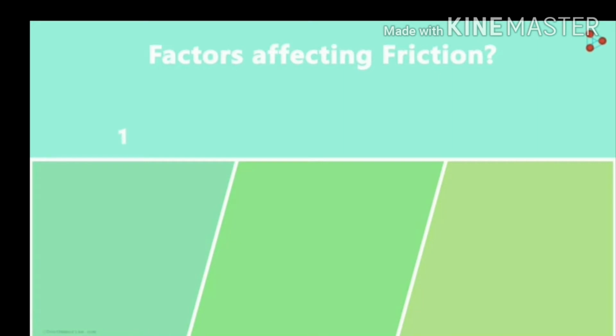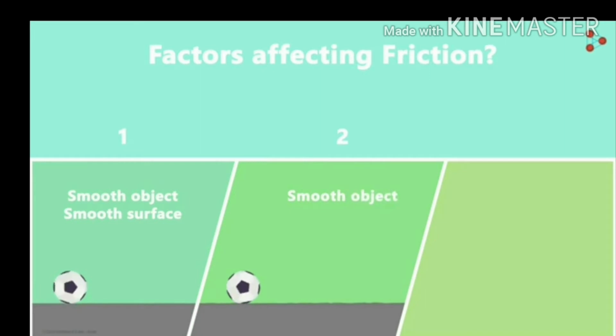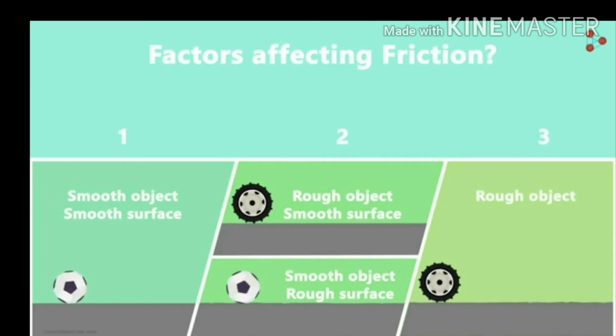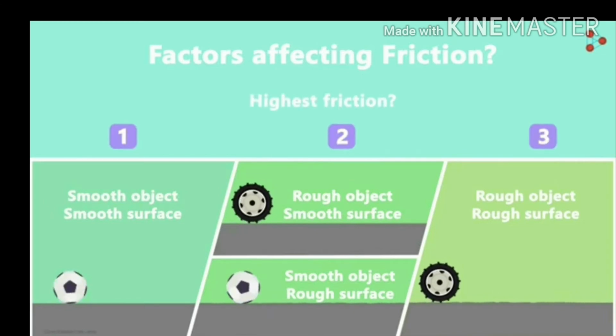The first situation is when an object with a smooth surface is moving on a surface which is very smooth. Second, the object has a smooth surface and the surface on which it moves is rough. Or the object has a rough surface and the surface on which it moves is smooth. And in the third case, the surface of the object as well as the surface of the table is rough. In which situation do you think the force of friction will be the highest?